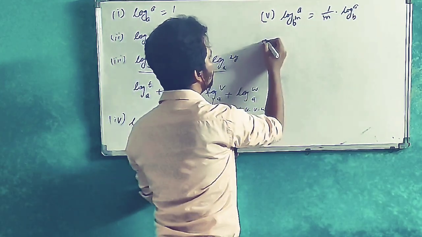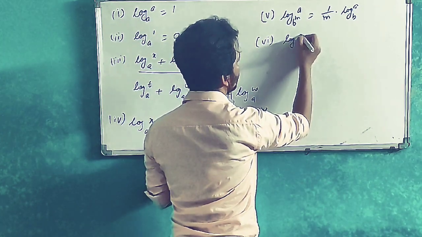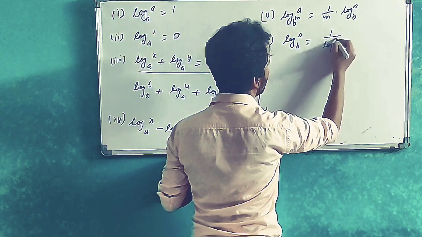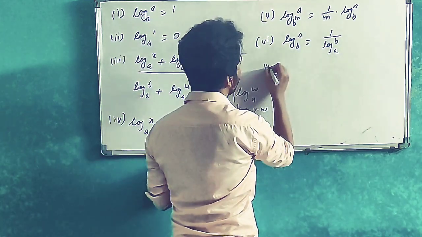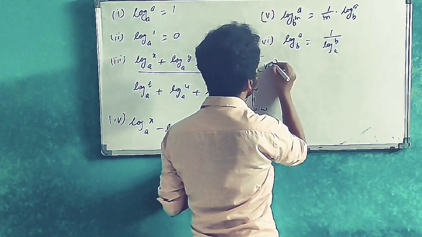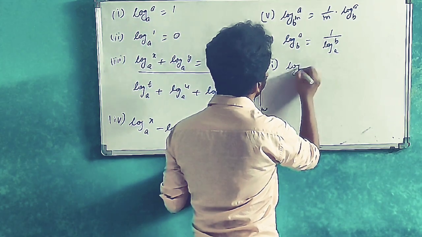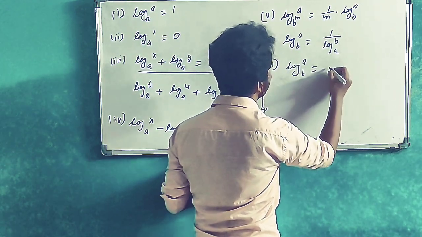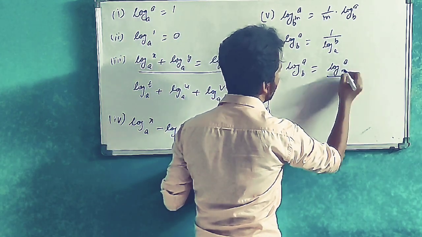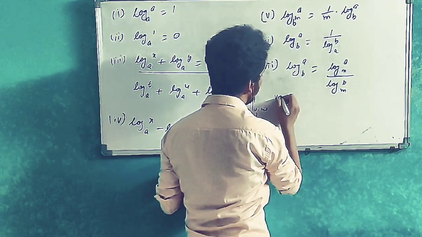The sixth property was log a base b is equal to 1 upon log b base a. And the seventh property was log a base b can be written as log a base m upon log b base m.